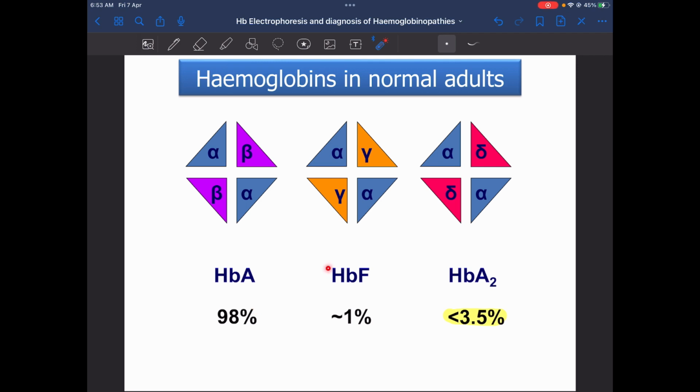Next, we have hemoglobin F. The F stands for fetus or fetal life. So this is the hemoglobin that's present in fetuses in the womb. And why that's important is because this hemoglobin has an increased affinity to oxygen.